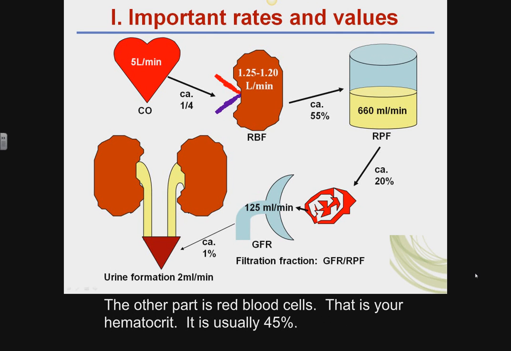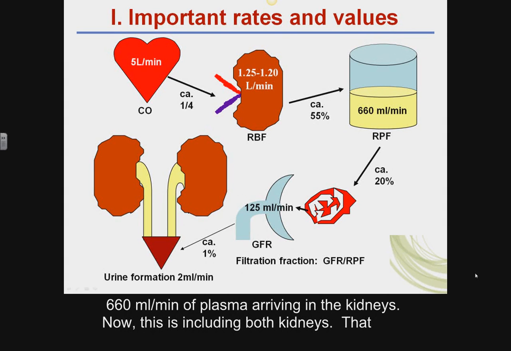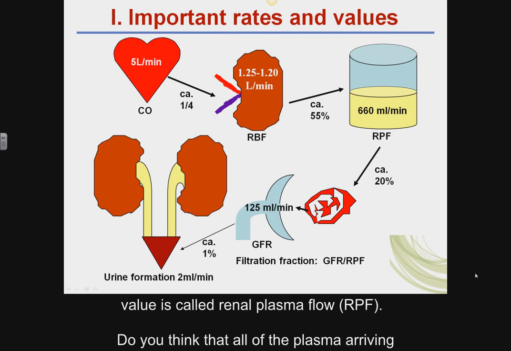That's your hematocrit, which is usually about 45%. So of this 1.2 liters per minute, 55% of that roughly is plasma. If I multiply 0.55 times 1.2, I'm going to get 660 milliliters per minute of plasma arriving in the kidneys. Now this is including both kidneys. That value is called renal plasma flow, or RPF.